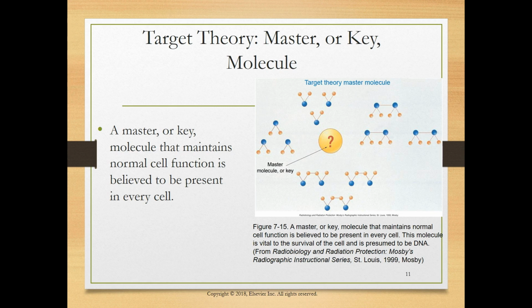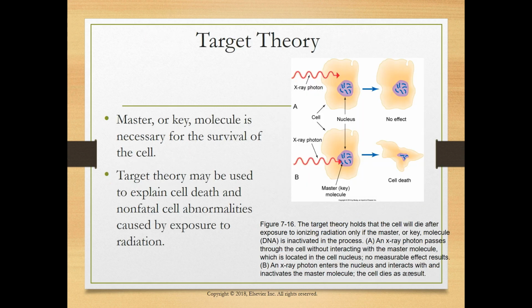So in target theory, the target is considered to be an area of a cell occupied by a target molecule, usually DNA. So target theory holds that the cell will die after exposure to ionizing radiation only if the master or key molecule is inactivated in the process.